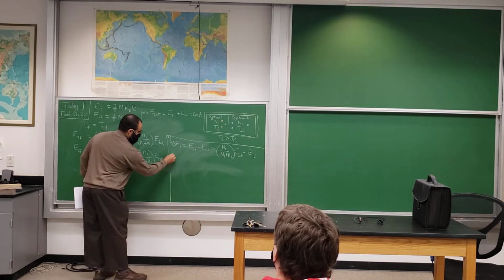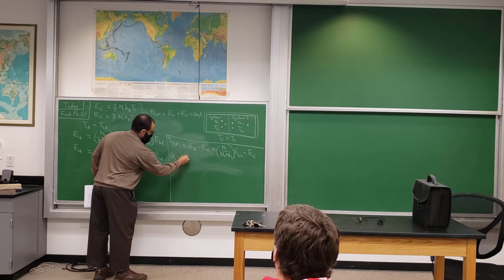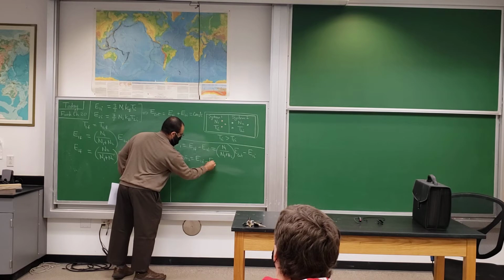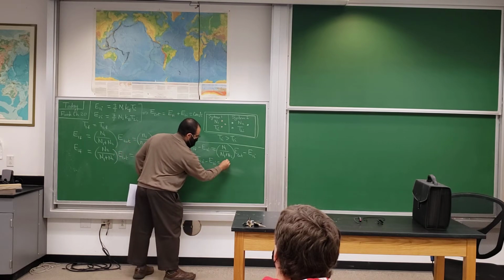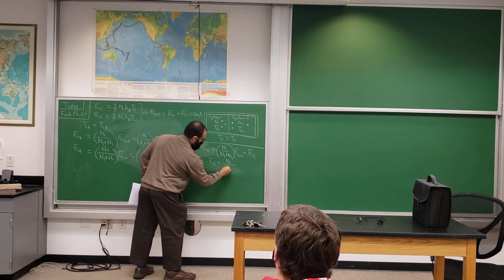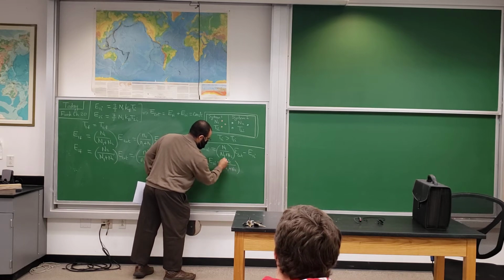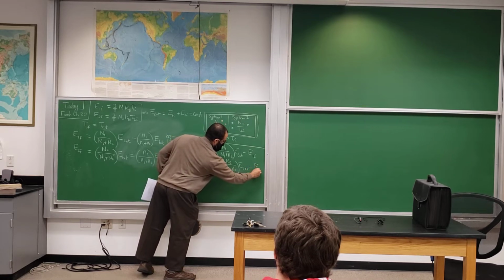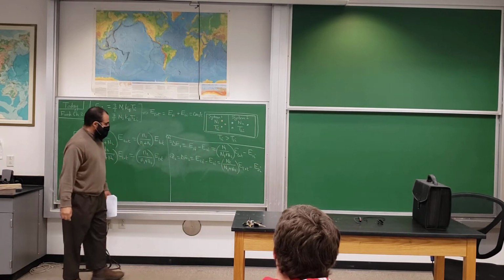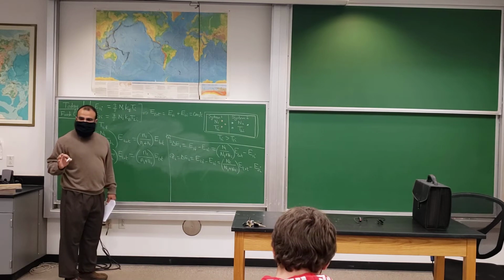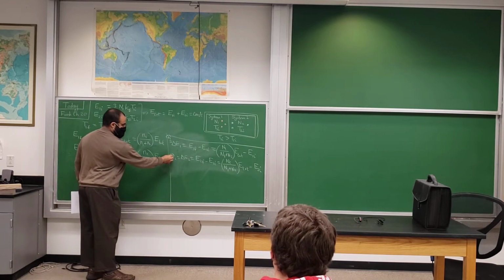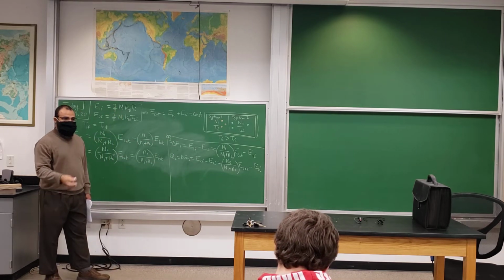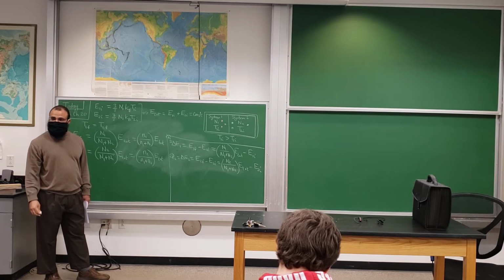And then Q2 is delta E2, which is equal to E2 final minus E2 initial, and that's equal to N2 over N1 plus N2 times E total minus E2 initial. Okay, so the final part on this, I want to show you that Q2 is equal in magnitude to Q1, but it will have a negative sign. They're just negative of each other.